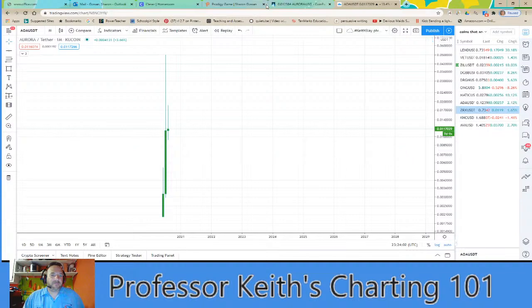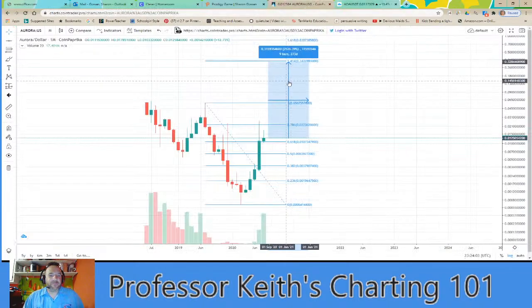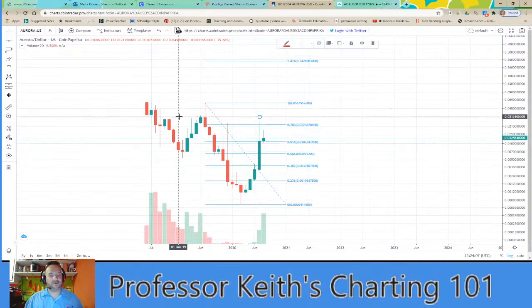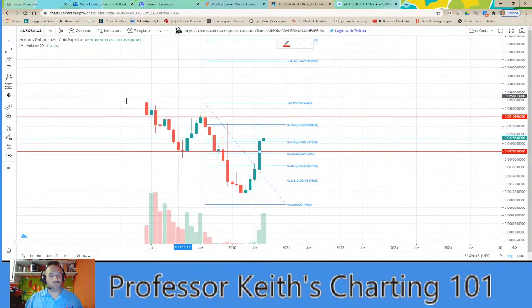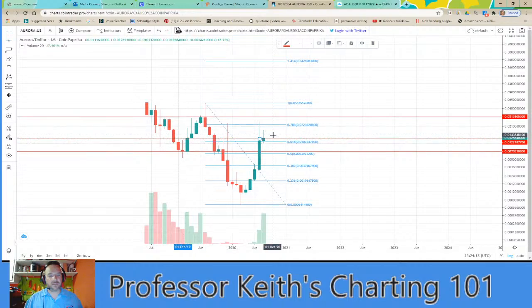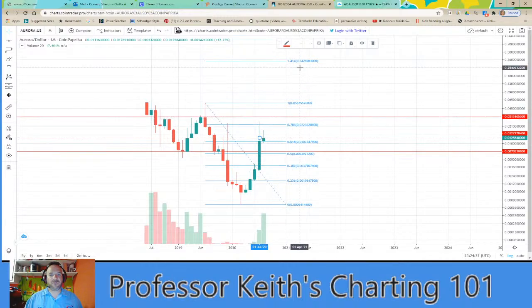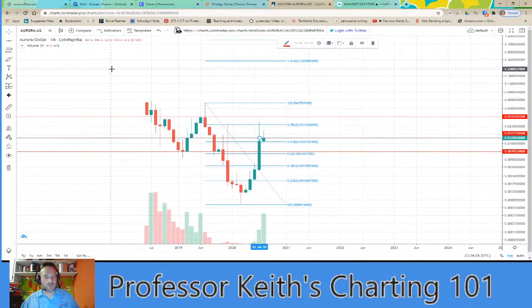Well, there's no more data, so we got some resistance. Probably hitting resistance now. Yeah. So it's got 2 lines and 2,500%. Looks like a 1 to me.